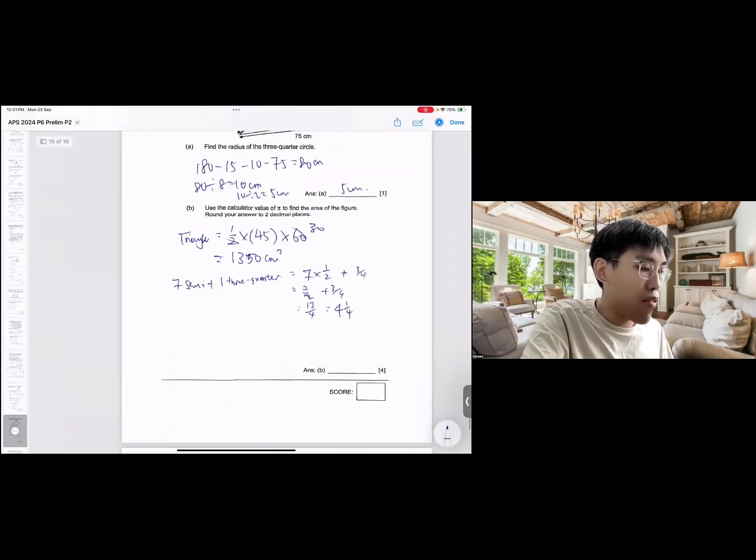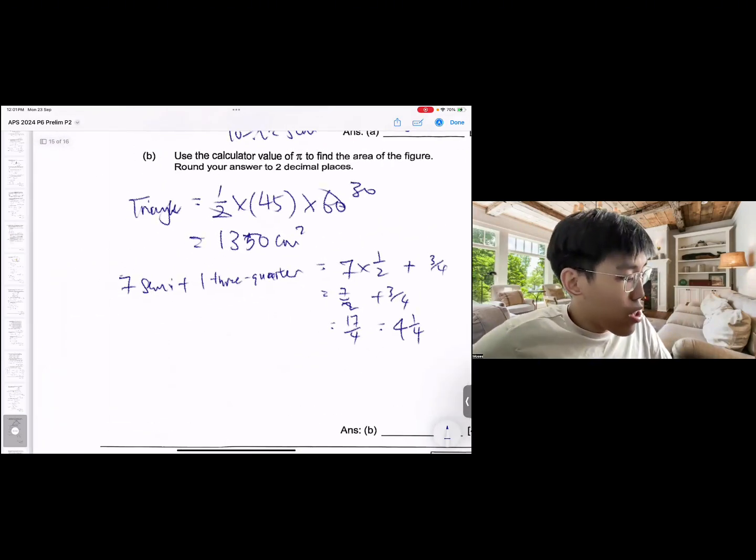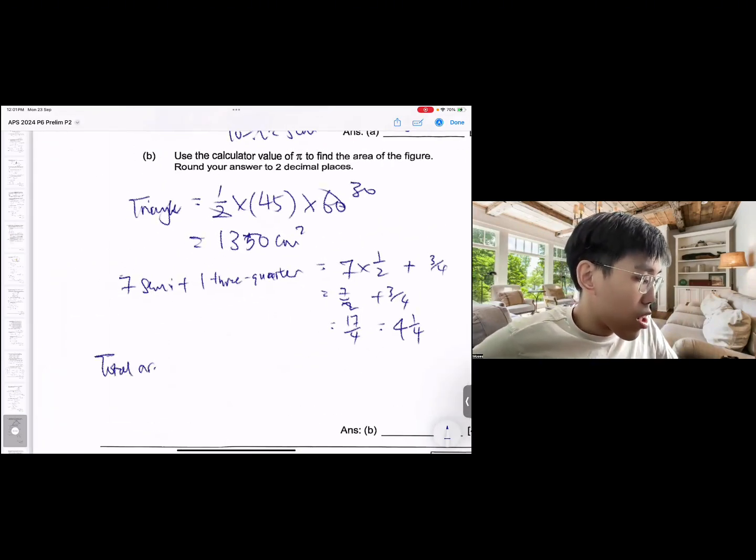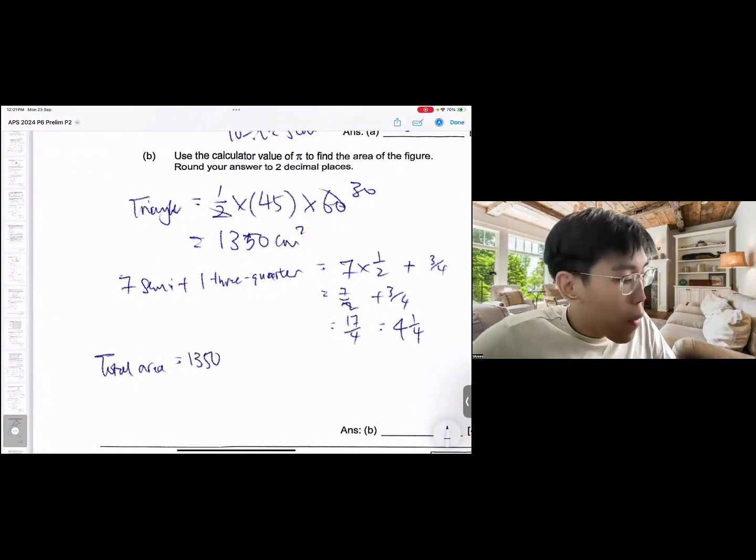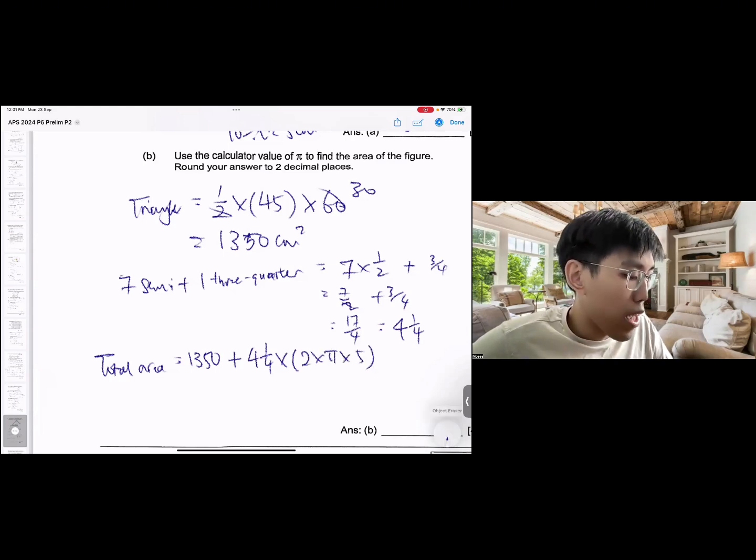So I can straight away find the total area already. It's 1350, which is the area of the triangle, plus 4 1/4 multiplied by, not 2 pi r, pi r squared. R squared is 25.